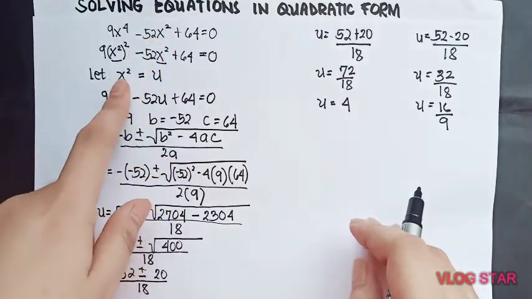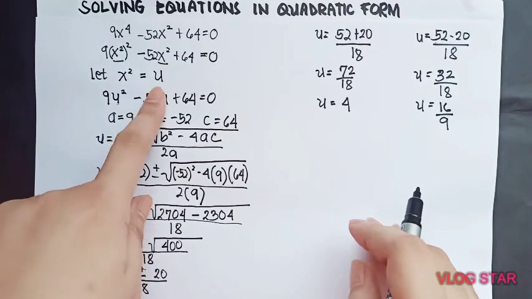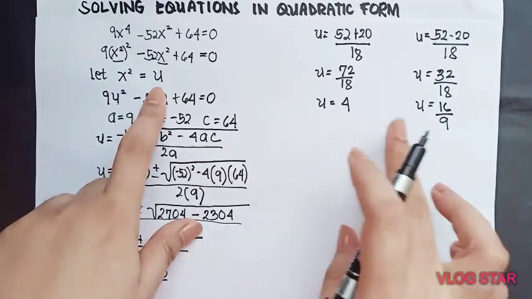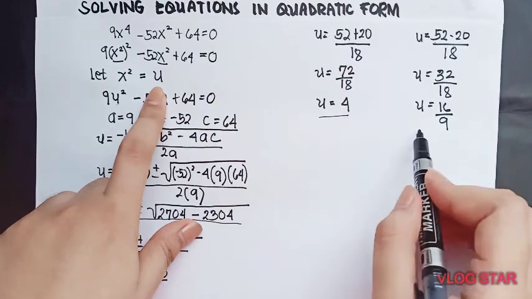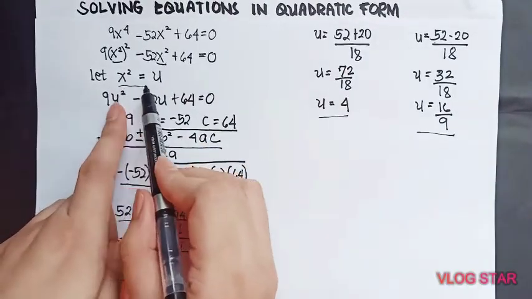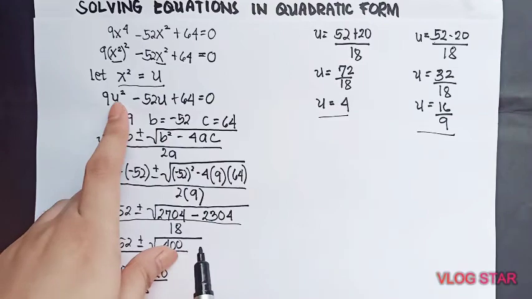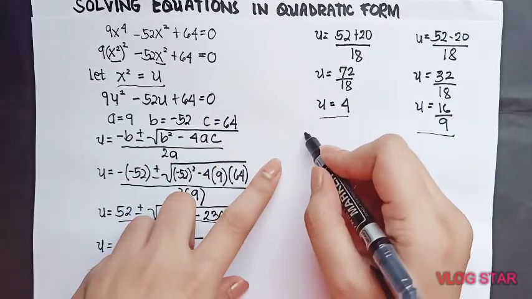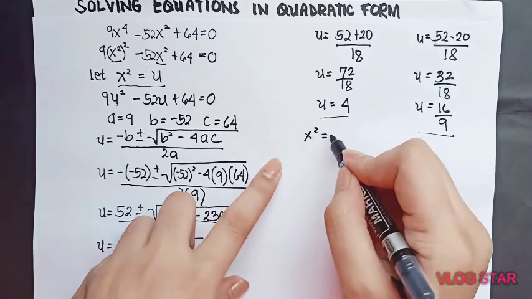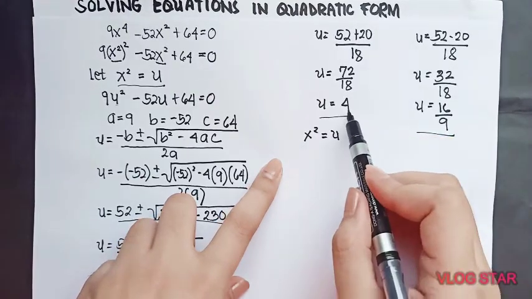And remember, we represented x squared by u. So since we have already found the values of u, we're going to use these values in this equation. Alright, so let's take this. We have represented x squared with u. Substitute 4.